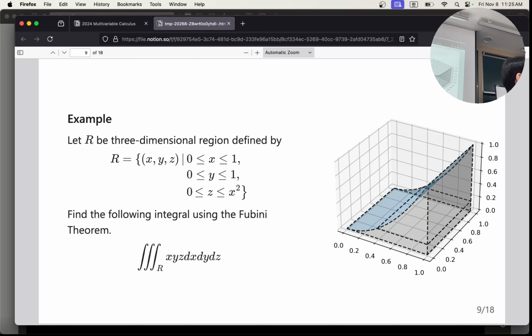Okay, that's all you need to remember. When you change the order of an iterated integral, triple or double, don't try to simply change the order. All right, any questions before we move on?